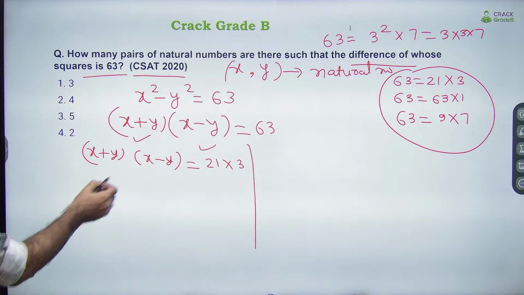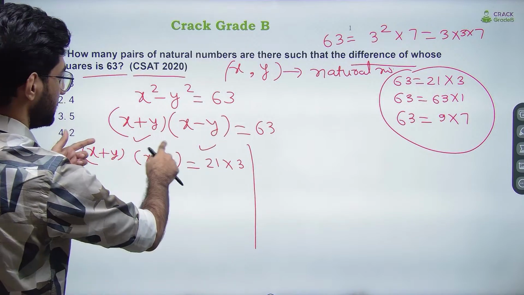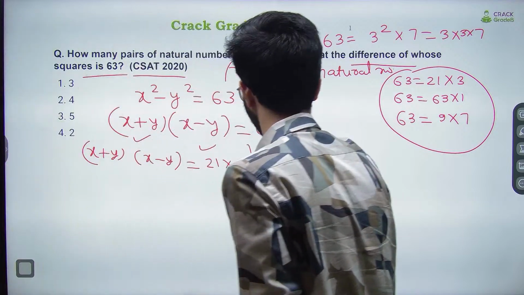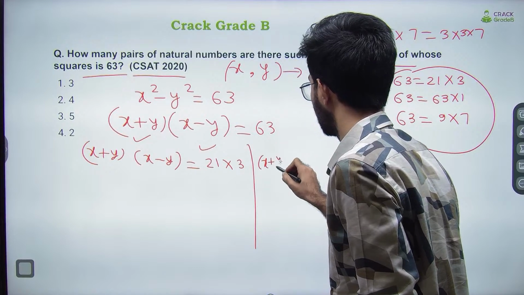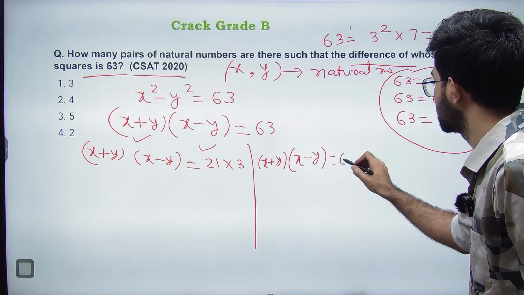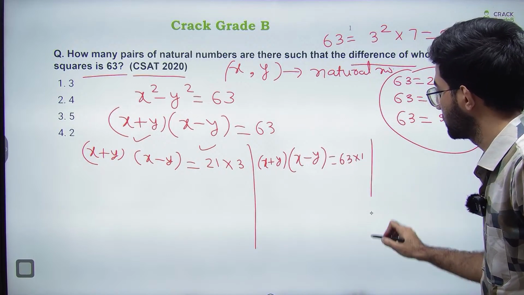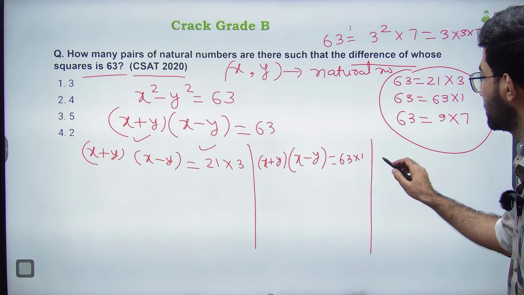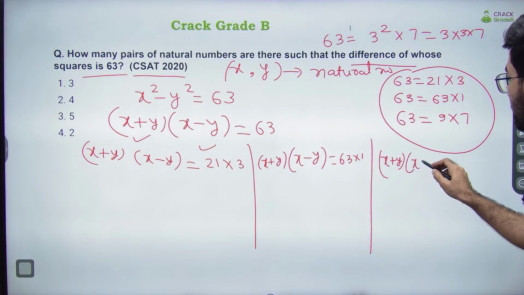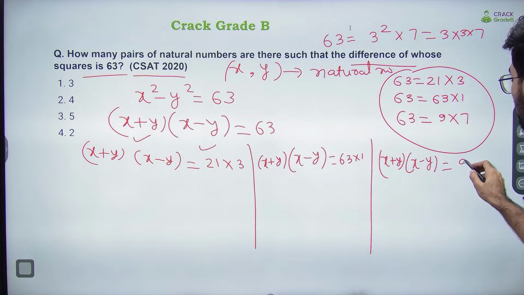You should not have any issue. Similarly, x plus y into x minus y equal to 63 into 1, and x plus y into x minus y equal to 9 into 7.